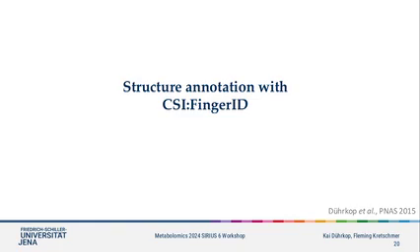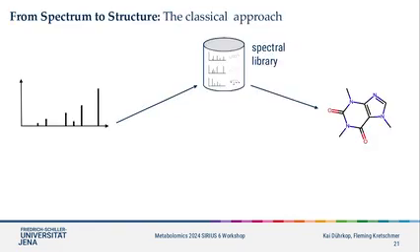The other thing is now structure annotation, going from just a molecular formula to also a molecular structure. The classical approach for that would be database search in a spectral library, like GNPS, MONA, MassBank, METLIN, NIST, for example. And of course, the problem here is that most spectral libraries are just too small, so you can only annotate a part of this data.